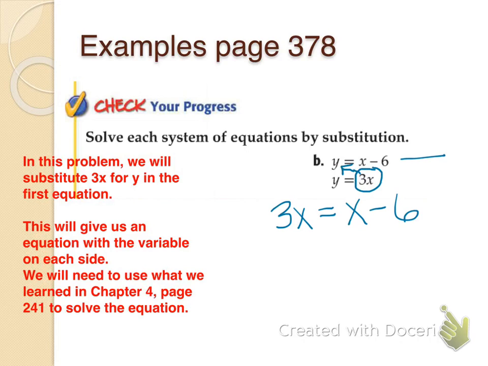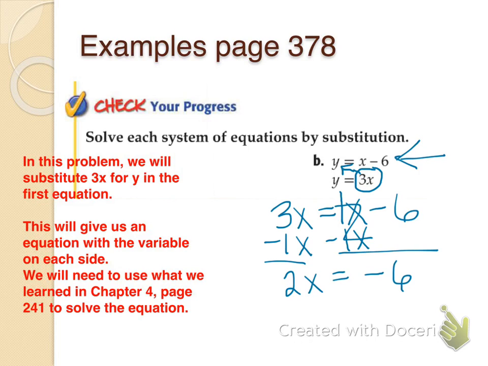So see, I just took this equation, and instead of y, I put in 3x. Alright, now to solve this, I know that's a 1x, so I'm going to subtract 1x on both sides. Alright, when I do that, I get 2x equals negative 6. Last step, divide by 2. So x equals negative 3.